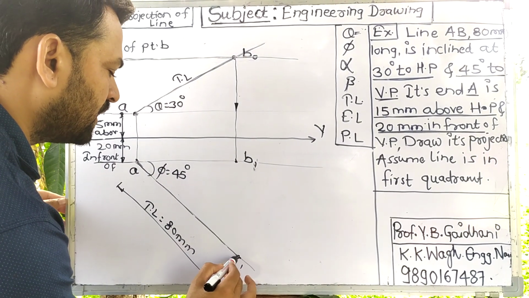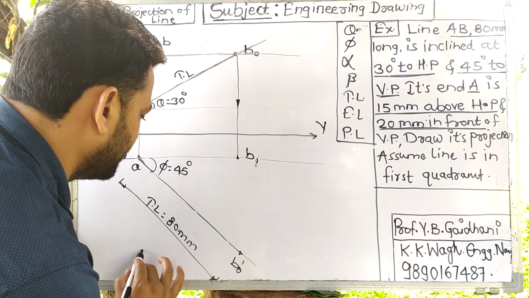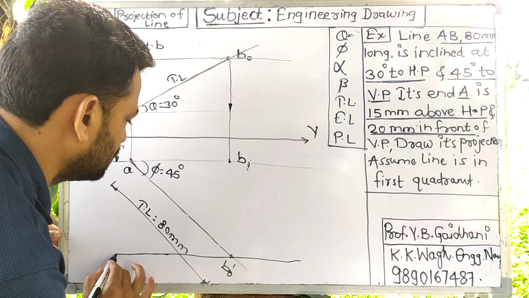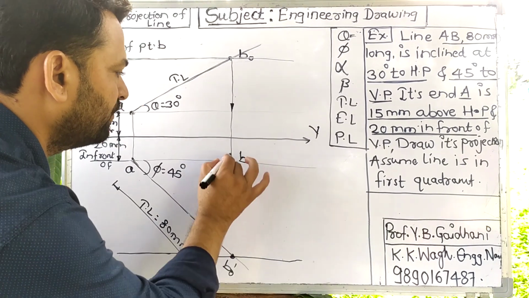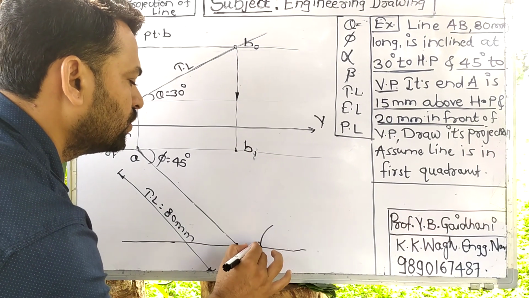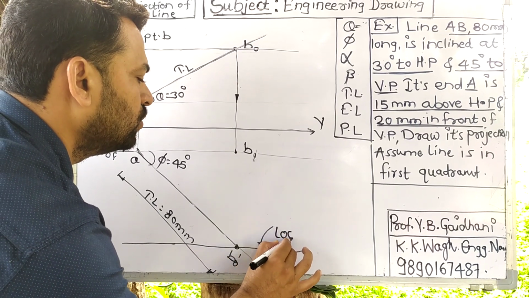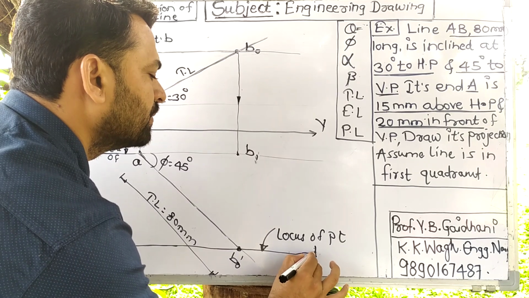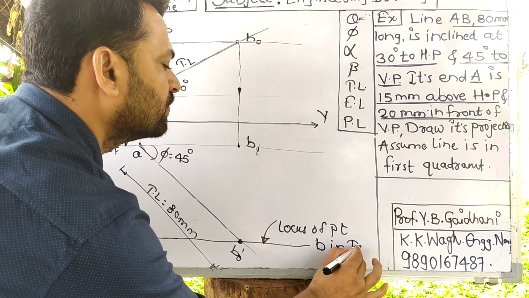So before this, I have to draw the locus of point B, B0. Before taking this projection, draw this locus of point B. This is the locus of point B in the top view.